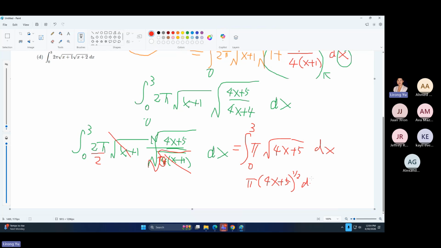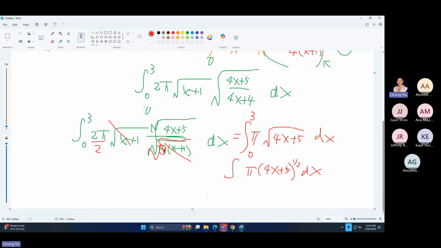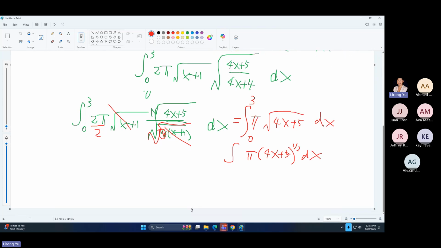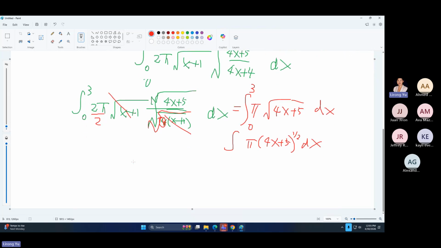We can integrate this with the power law. We then have, just to finish the calculation, pi times the power plus 1, so 4x plus 5 to the power of 3/2 divided by 3/2. This is the power rule for integration, but then we have 4x plus 5, which has a derivative 4, and this is integration, so we don't multiply by 4, we divide by 4.